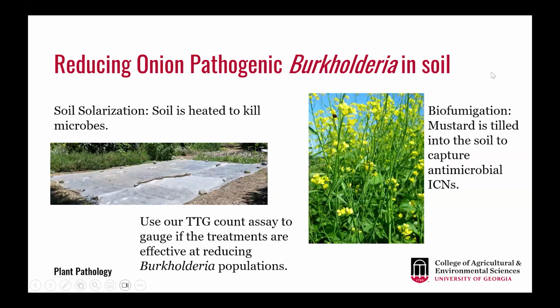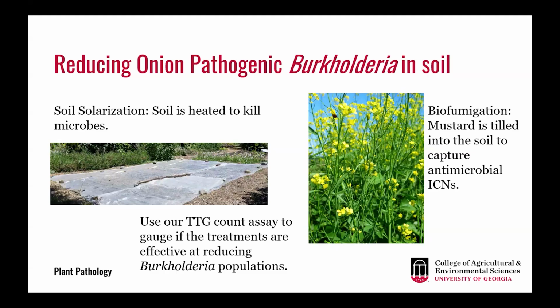And the treatments that we're testing for the Onion IQ project are two organic-compatible treatments. One is soil solarization, which you may be familiar with, where the soil is heated up to kill microbes. Often this is done with large sheets of plastic to capture solar radiation. We're also using biofumigation.